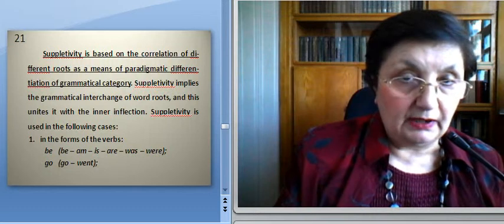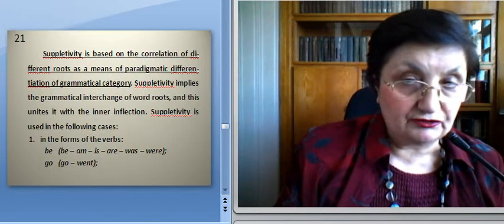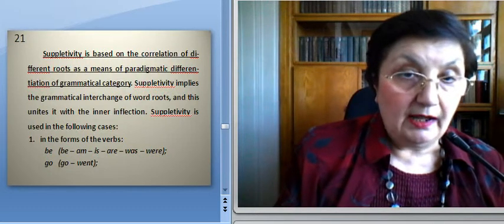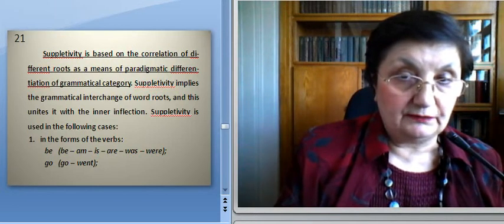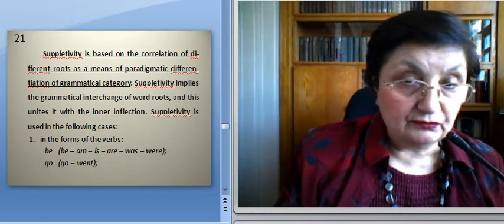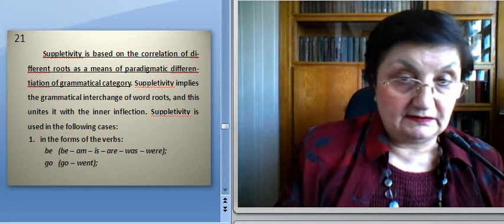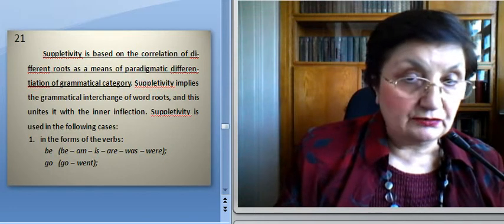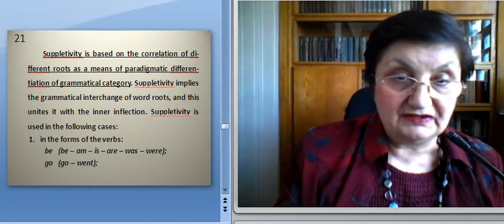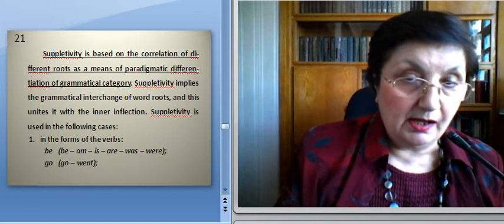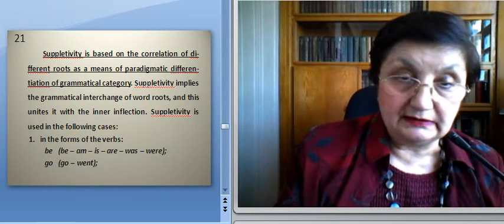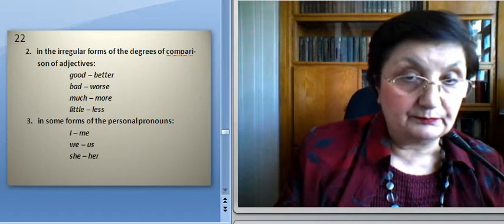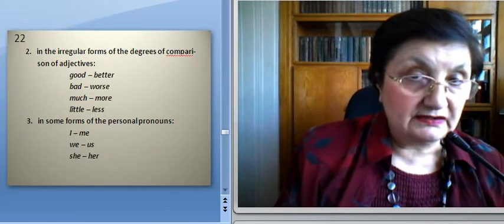First of all, it's used in the forms of the verbs such as be, am, is, are, was, and will; and go and went. Secondly, it's used in the irregular forms of degrees of comparison of adjectives such as good, better; bad, worse; much, more; little, and less.